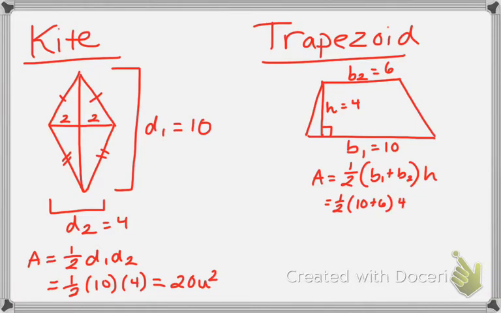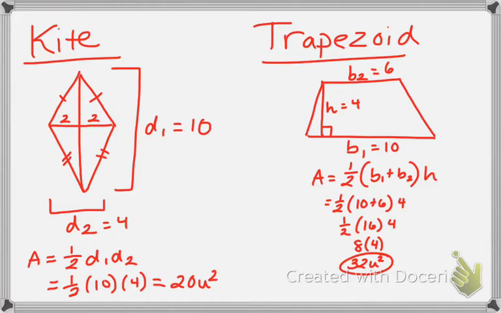When I do that out arithmetically, 10 plus 6 is 16. Half of 16 is 8. 8 times 4 is 32 units squared.